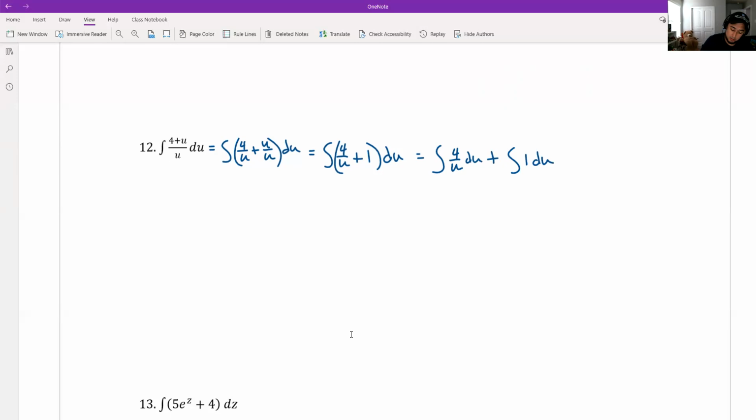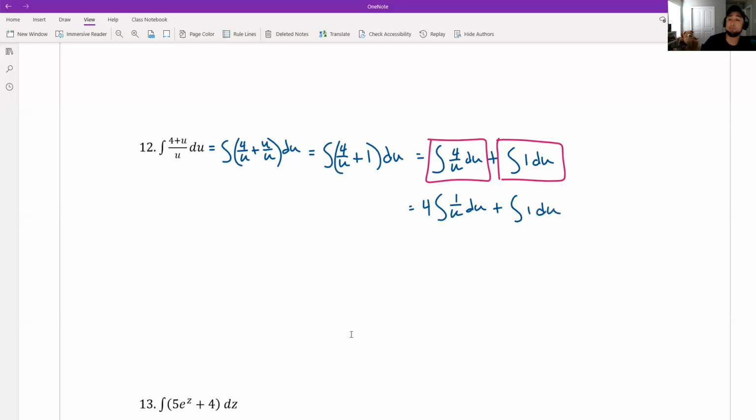Okay, and now we just want to find the integral of these two parts. Okay, so with that being said, one more rewrite, because on the first one, I can take the 4 out. So this will become 4 times the integral of 1 over u du plus the integral of 1 du. Okay.